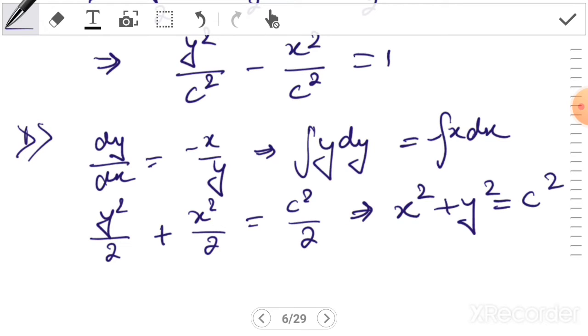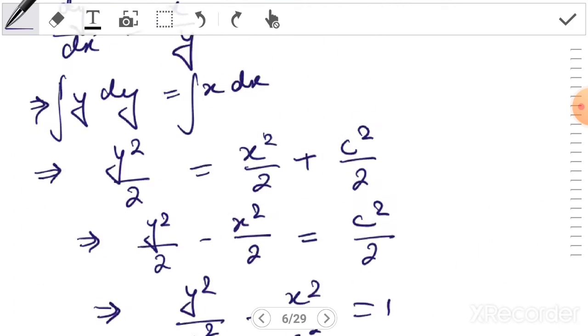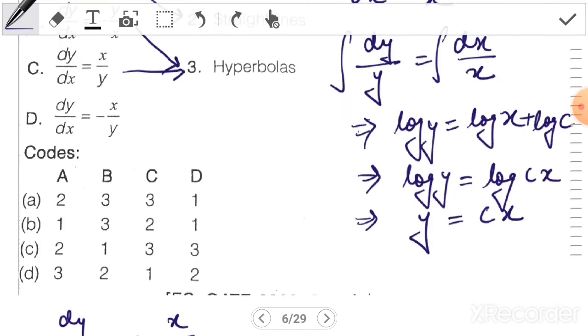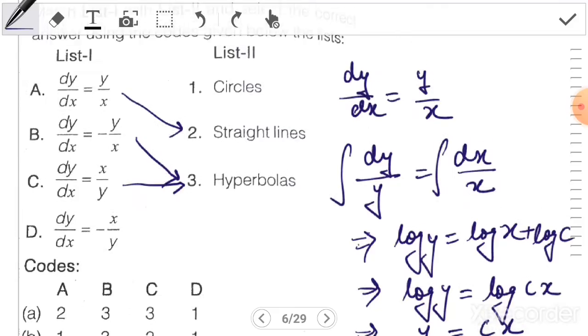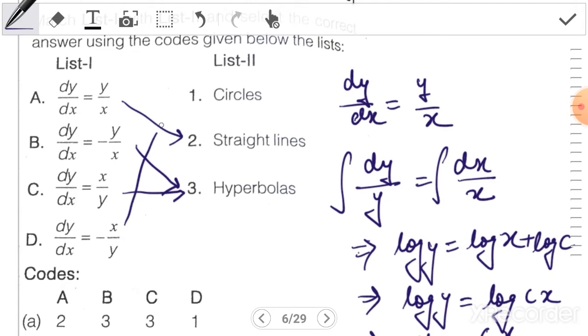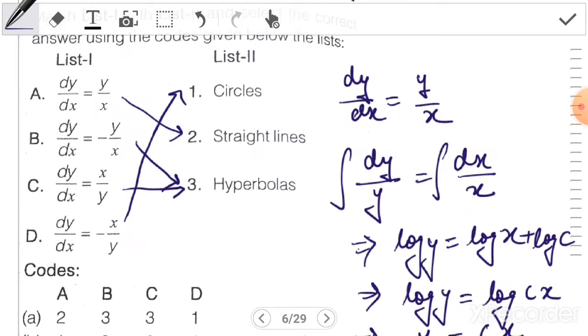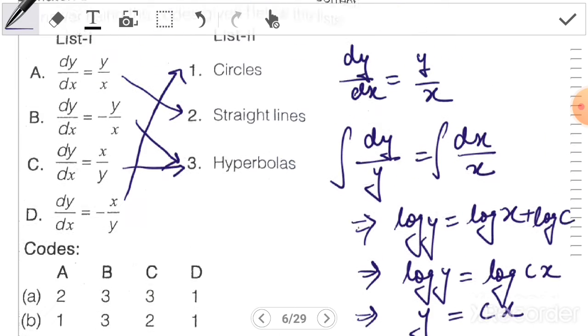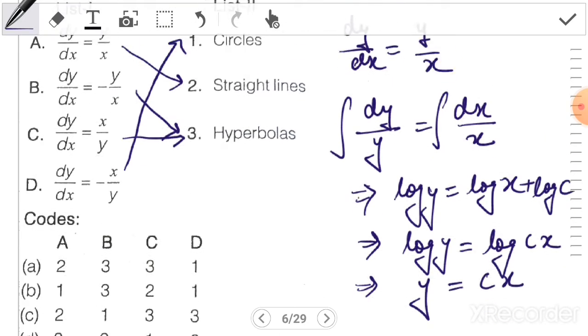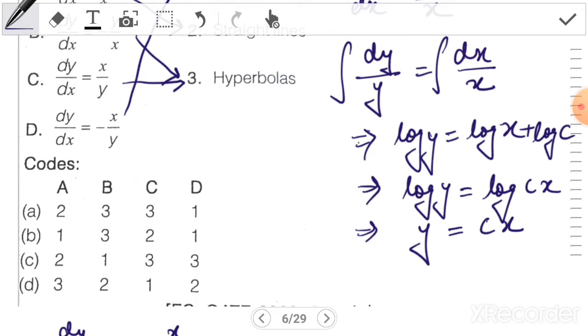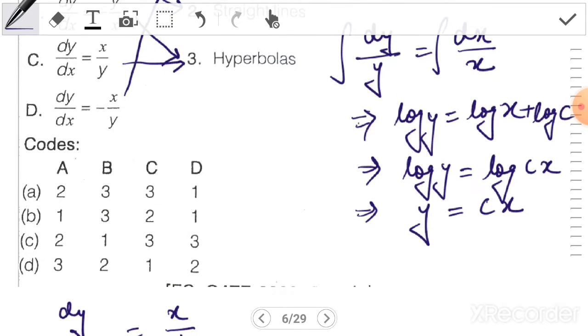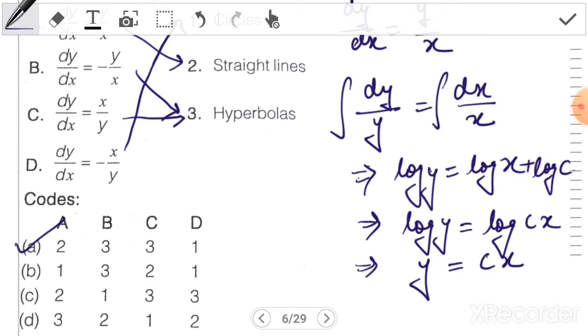So clearly this is the equation of a circle with the origin as the center and c as the radius. So D is related to circle, right? So the answer is A.